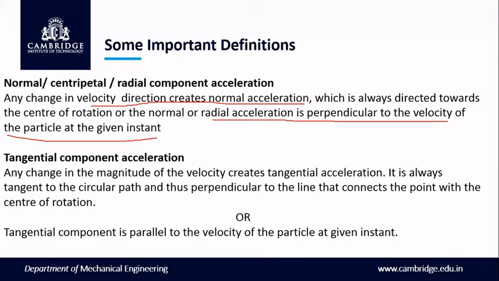The tangential component acceleration: any change in magnitude of velocity creates tangential acceleration. It is always tangent to the circular path. Since it is tangent to the circular path, it is perpendicular to the normal component of acceleration, or else we can say the tangential component is parallel to the velocity of that particle at a given instant.